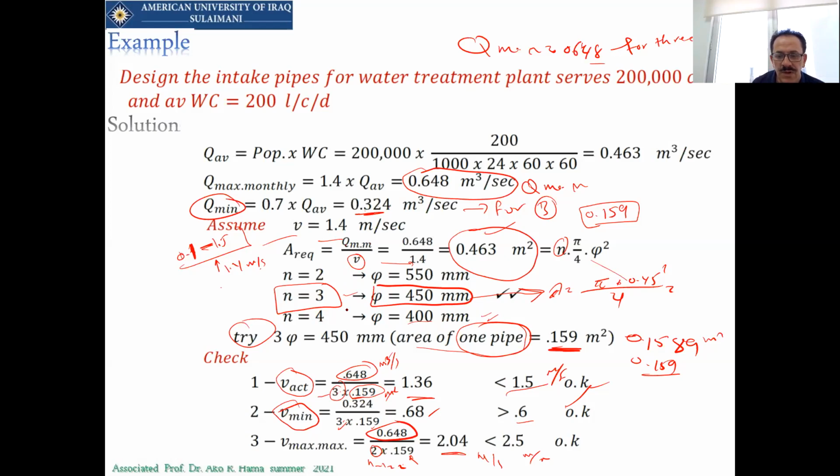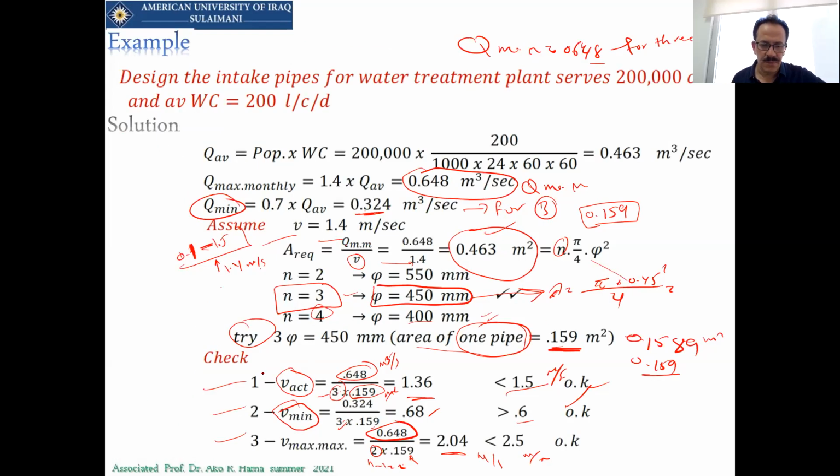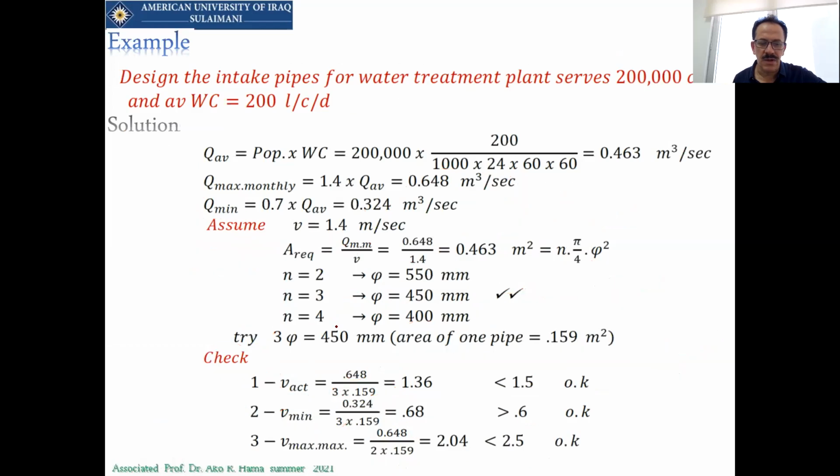But when you are using this one, you have to go with the next step, which is the checking step. The checking step is, now let's say you agree on 3. So now the diameter required for each of the pipes is 450. It means that this is the area of each of them.